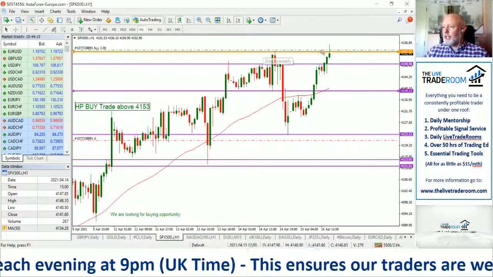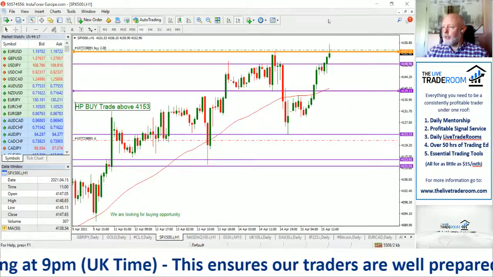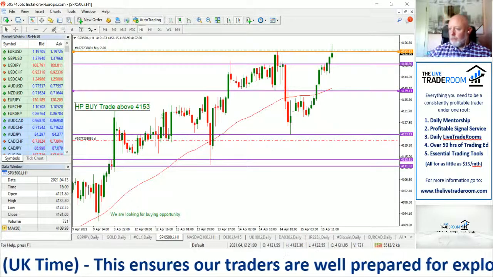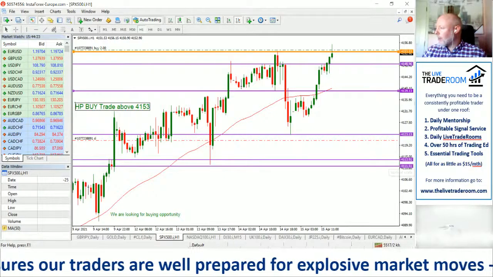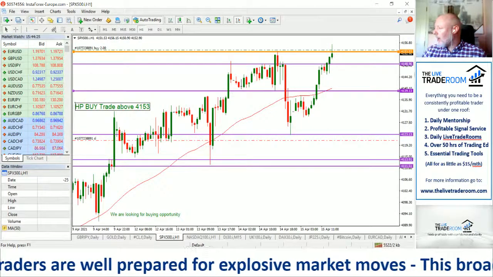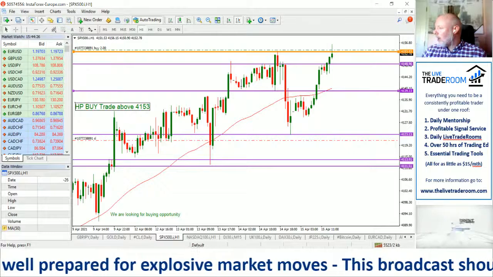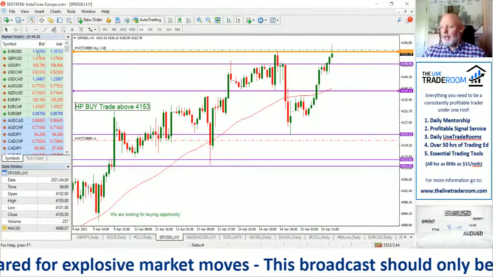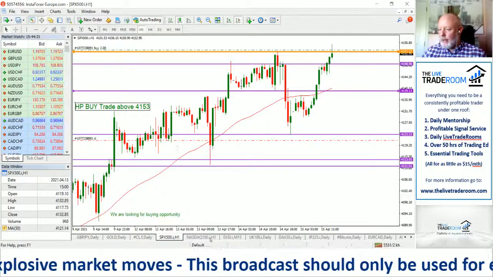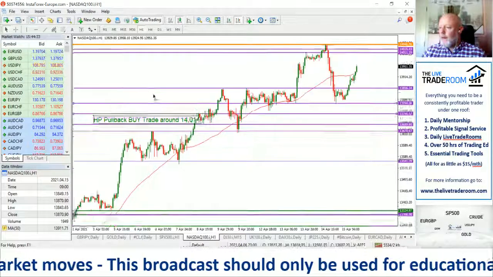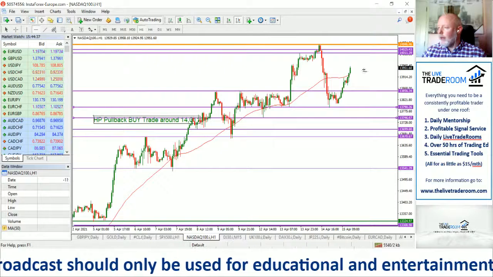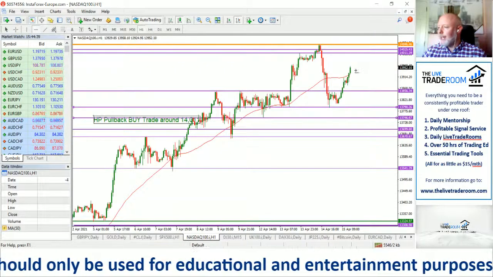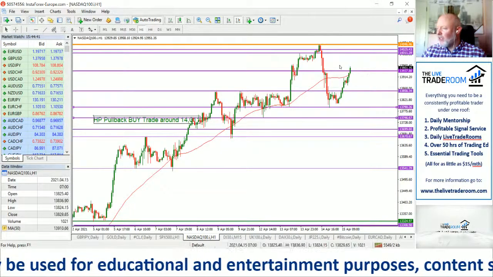So we're getting in just above this high, and there's our stop loss, with some further upside expected. We're looking to get into the Nasdaq as well, around the 13,920 level.